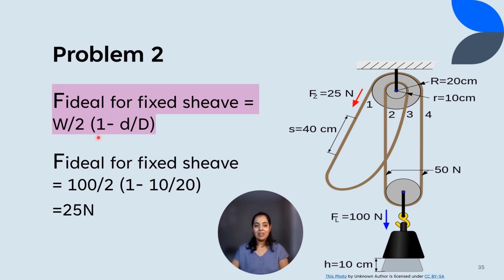So it is W by 2 into 1 minus small d upon capital D. So here the diameter of this bigger pulley is 40 centimeter and the diameter of this smaller pulley is 20 centimeter. So we inserted that here and we got it as 25 Newton.